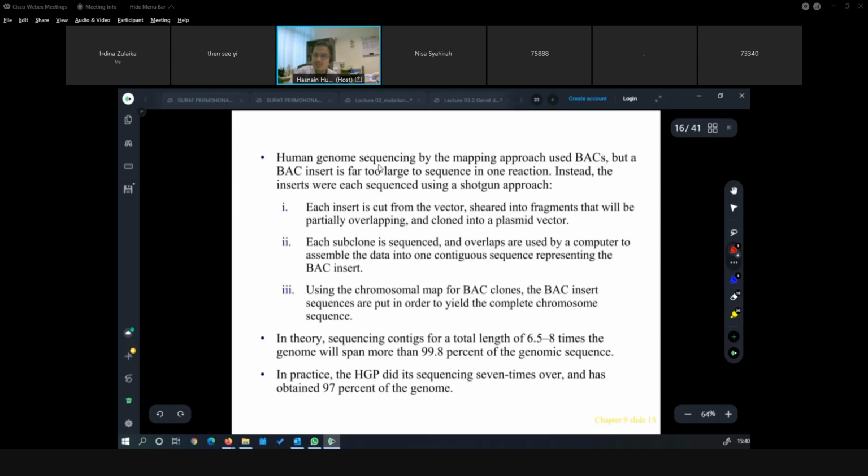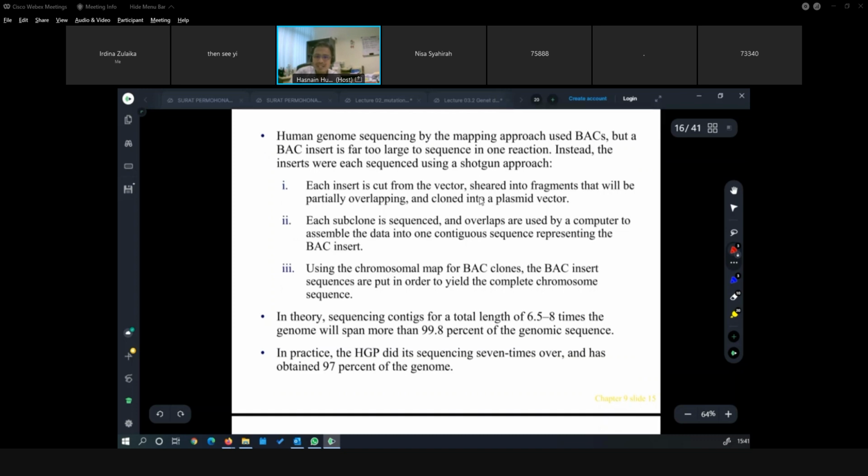Human genome sequencing by the mapping approach used bacterial artificial chromosomes, but the BAC insert is far too large to sequence in one reaction. So instead, the inserts were each sequenced using a shotgun approach.